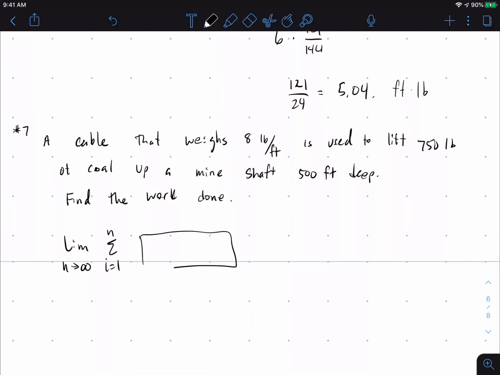What would this part be? It would be 8x and the i, so it would be 8x sub i, but there's another piece. There's a constant.